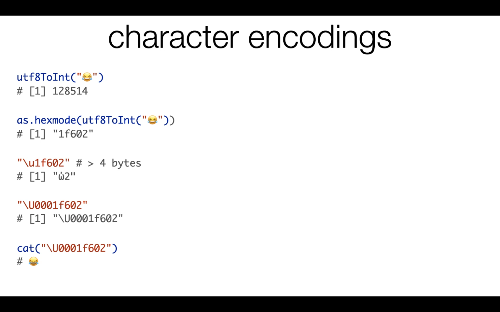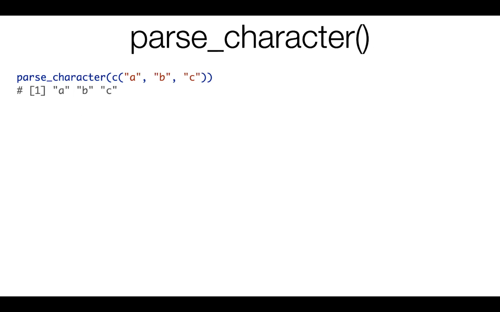So it's kind of odd, but these are the kinds of things that come up when you're actually dealing with textual data. Luckily for us, parse_character knows all about these things. At a basic level, parse_character is going to work on Latin text in exactly the way you expect. ABC comes back ABC. Alpha, beta, gamma gives alpha, beta, gamma, and those are going to be Unicode encoded.